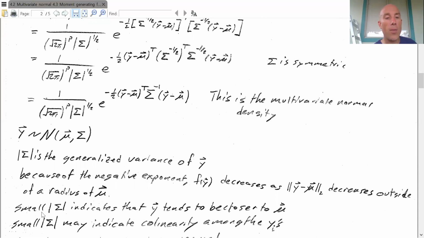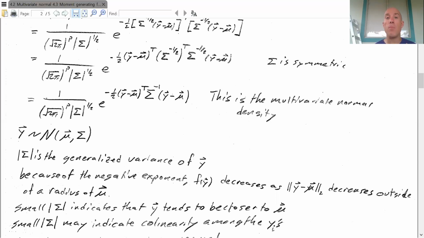Another thing is that a small generalized variance indicates that y tends to be close to mu. Or, if I have a small generalized variance, this also may indicate collinearity among the y's.